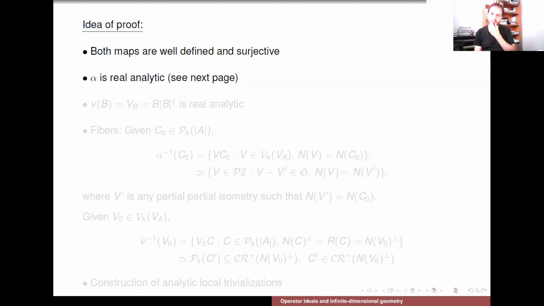We will explain later in more detail why alpha is real analytic. But once we know that alpha is real analytic, the polar factor can be expressed by using alpha and the Moore-Penrose inverse. So we get that the polar factor is real analytic.